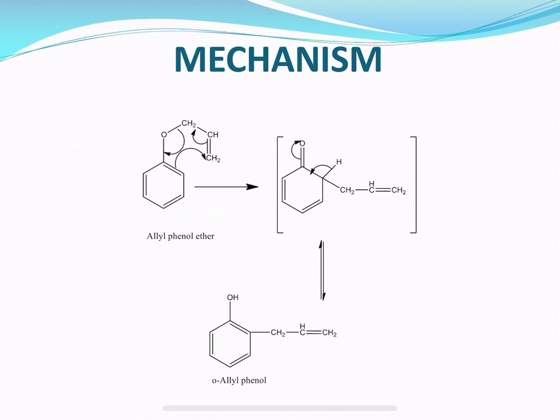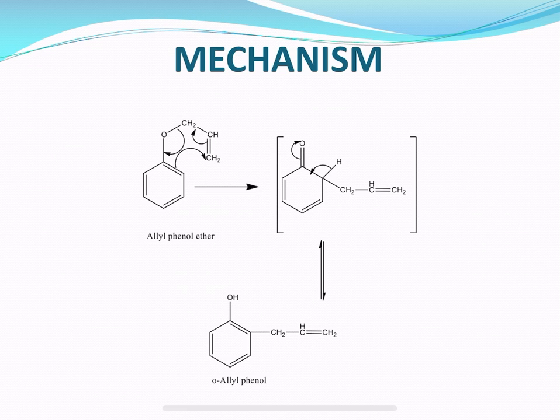The resulting dienone now undergoes tautomerization to give the aromatic enol form. This form is more stable than the dienone form. So that is why the required compound is formed, and the required compound is the ortho allyl phenol.